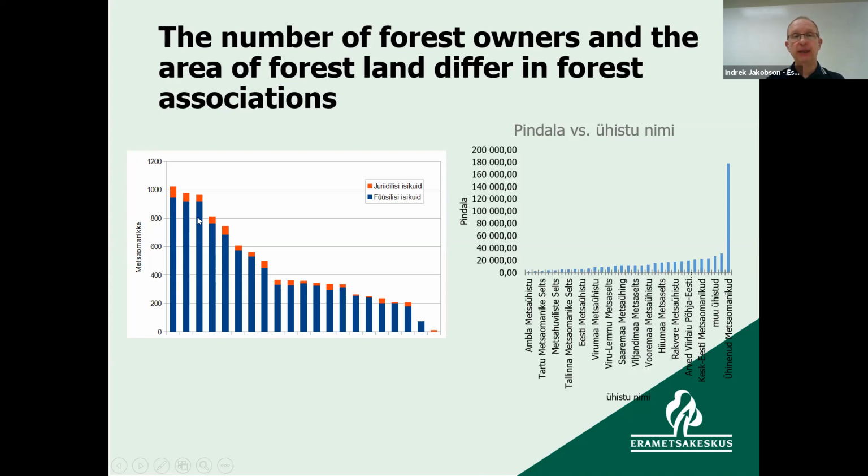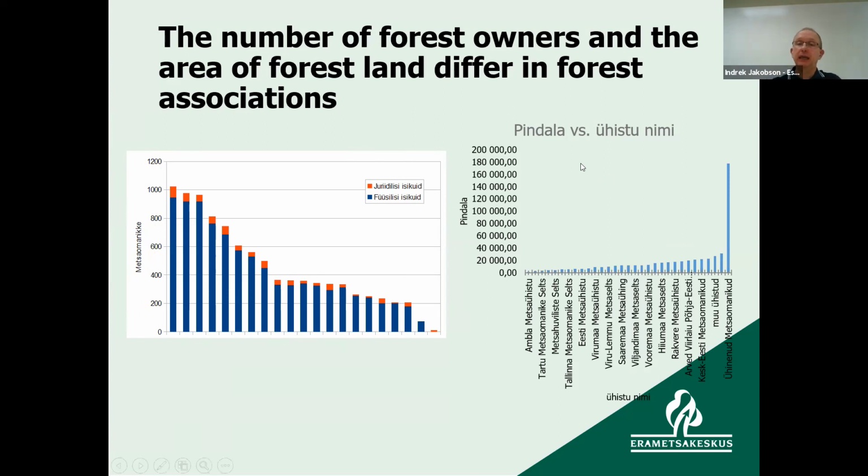We have top 3, and then the number goes lower and lower. This is the number of forest owners. The biggest has more than 1,000. Of course, now 2 years have passed. It means probably the top 3 is over 1,000.